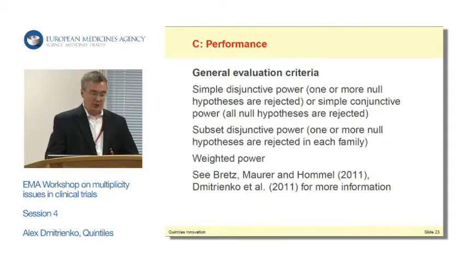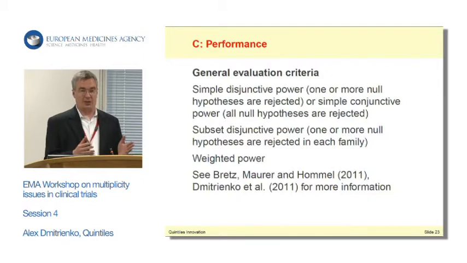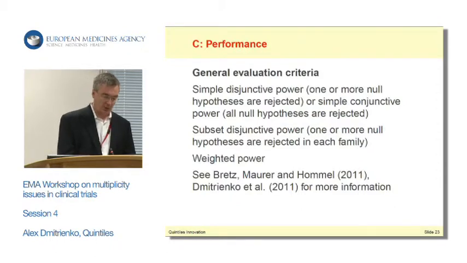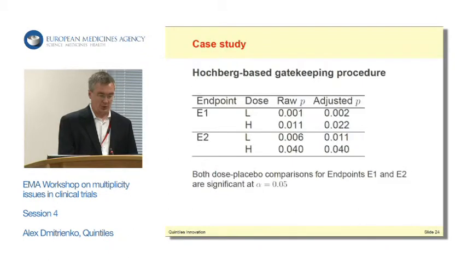So in terms of evaluation criteria, we can actually summarize the results presented in the previous two slides using certain pre-specified criteria, using disjunctive or maybe sometimes conjunctive power or maybe weighted power. There are some papers that discuss the pros and cons of using those approaches.